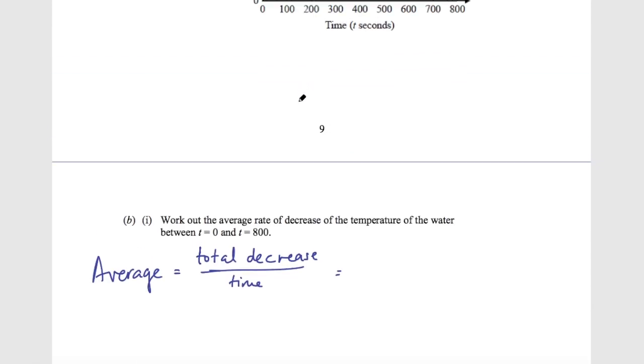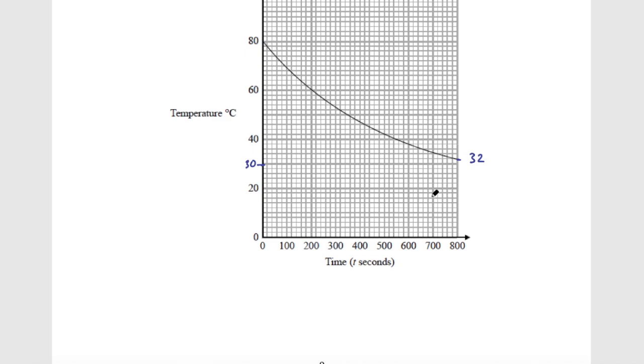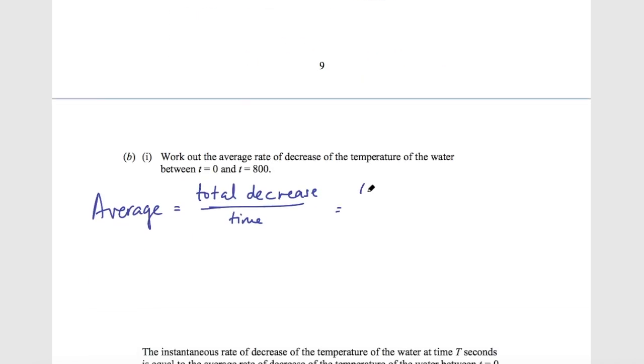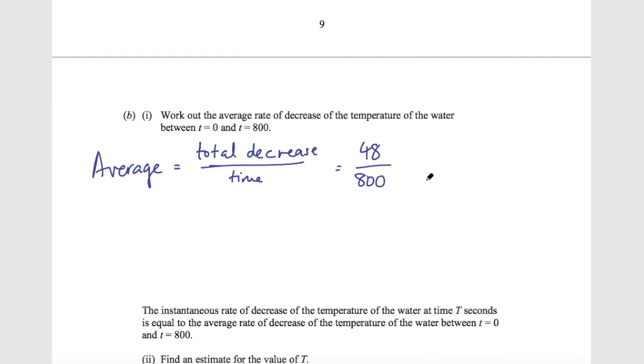So the total decrease was from 80 to 32, so that's 48 degrees divided by 800 seconds, they've told us that. And then you can do it a number of ways, but if you divide both by 16, you get 3 over 50 degrees per second.